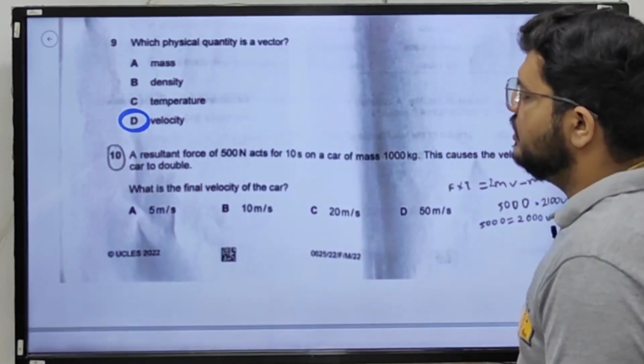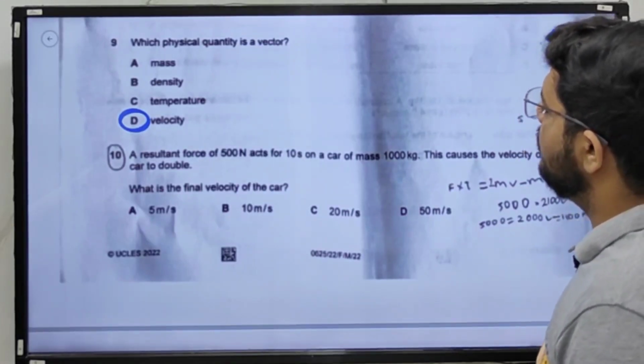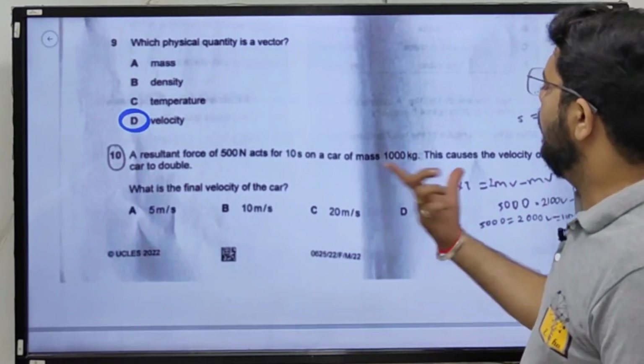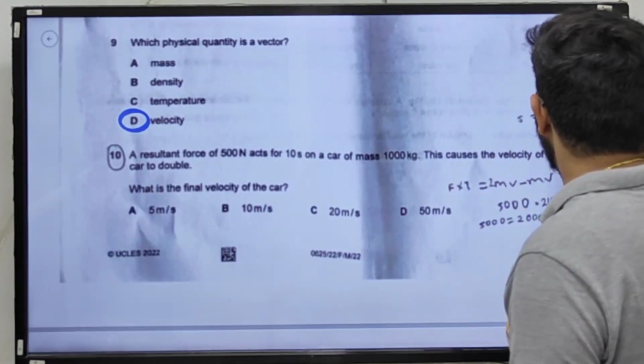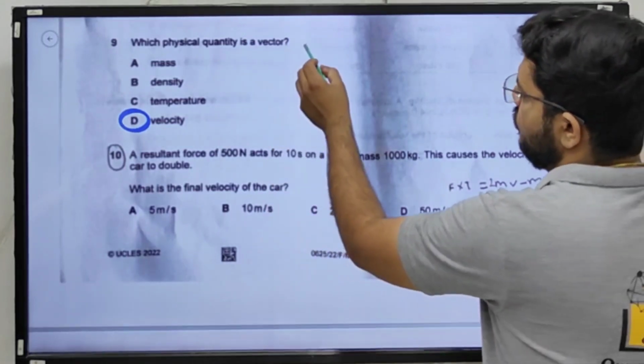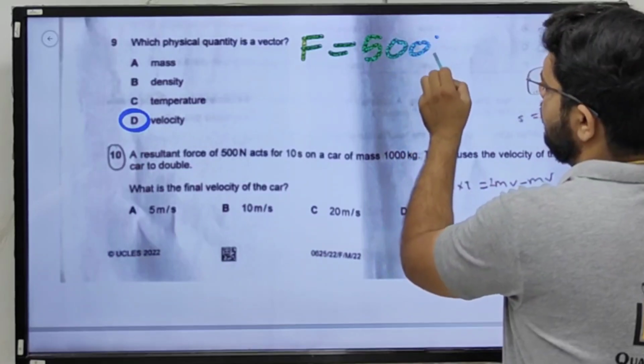Next question. A resultant force of 500 Newton acts for 10 seconds on a car of mass 1000 kg. This causes the velocity of the car to double. So let's write down the given values. You have force is equal to 500 Newton.